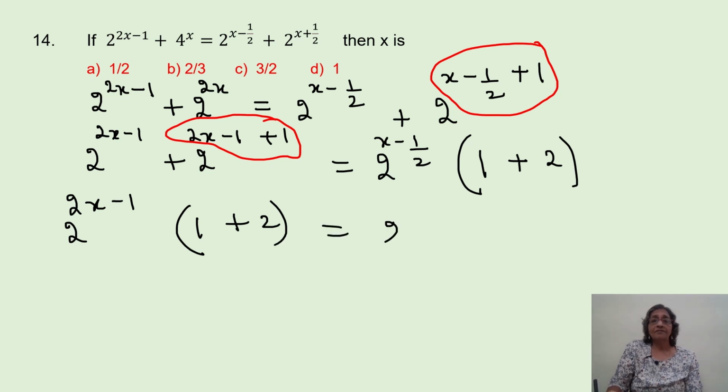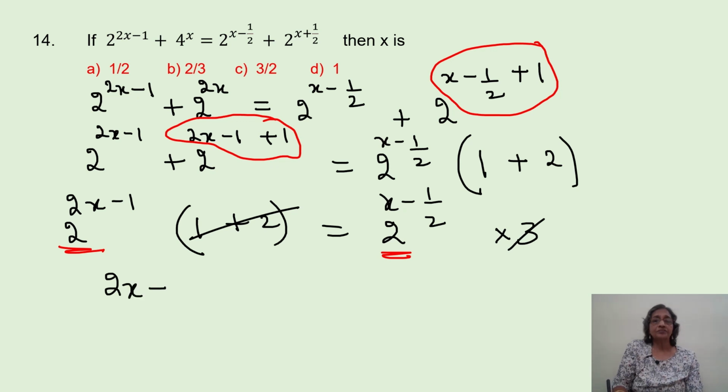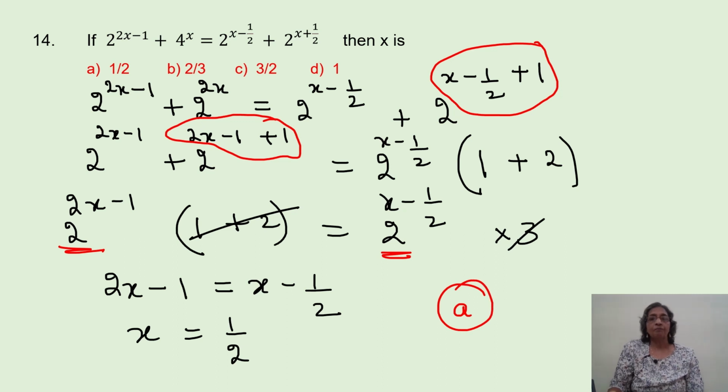So you see what we have got now here. This is into 3, so this and this will go. Now our bases are the same, that is 2 here and 2 here. So we are going to equate the index numbers. And you'll get your answer as x is equal to half. Correct option in this case is the A.